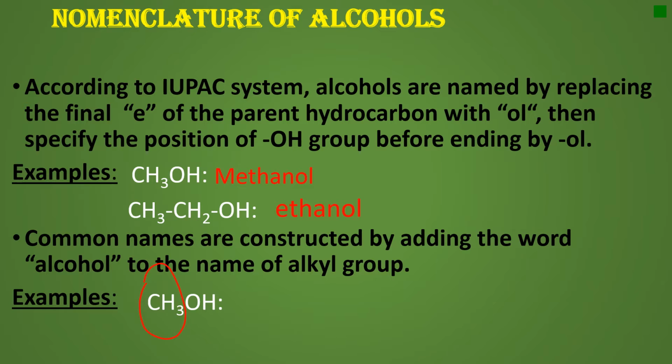If we want to construct the name, we take the name of the alkyl group and add alcohol, and here the name will be methyl alcohol. Second example, CH3CH2OH, the name of the alkyl group is ethyl, and if you want to construct the common name of this alcohol, we'll say that it is ethyl alcohol.